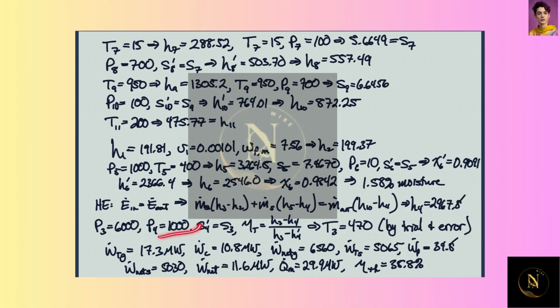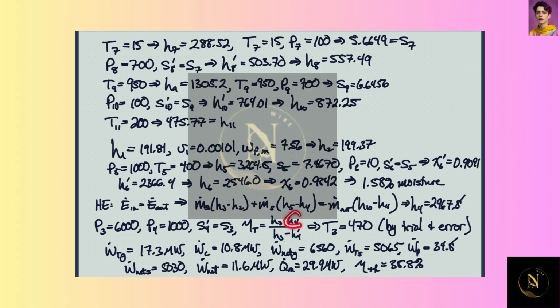We plug the pressure in. We can guess the temperature. We get these things. We can then find this, the guess for this, and then for this we can find this guess.